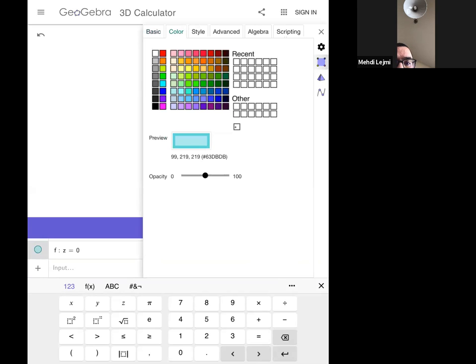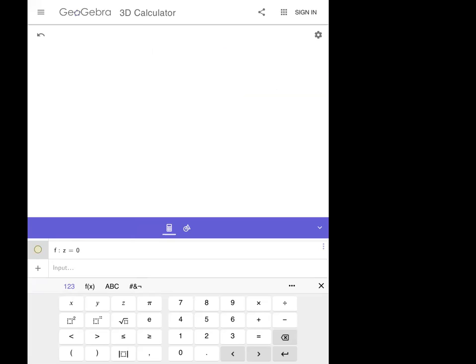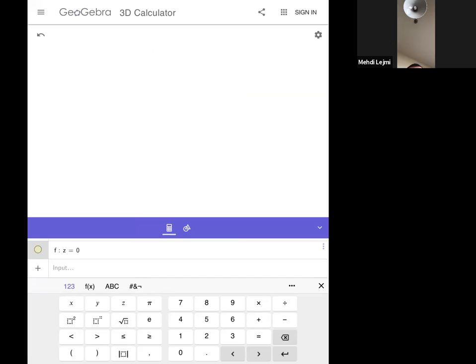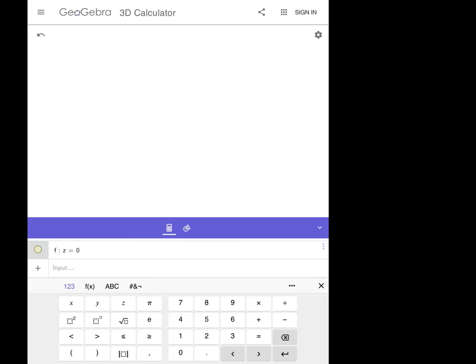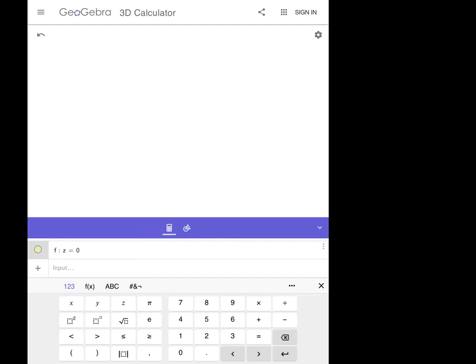Excuse me, Professor. I don't see any picture of the graph. You don't see the graph? I see the GeoGebra and the equations, but I don't see the graph itself. Oh, really? What about you, David?